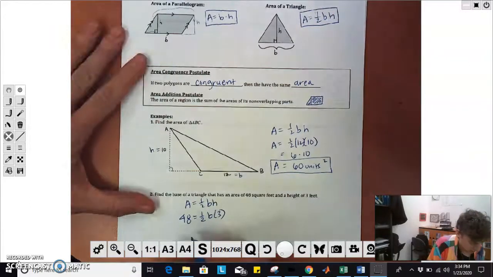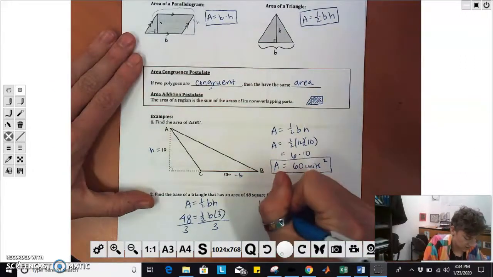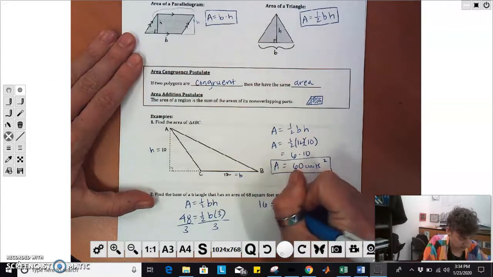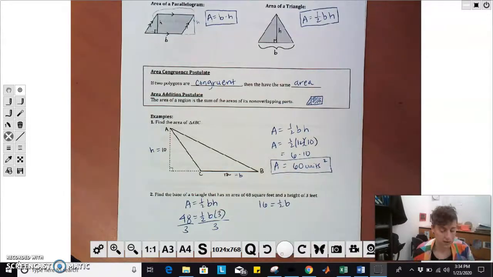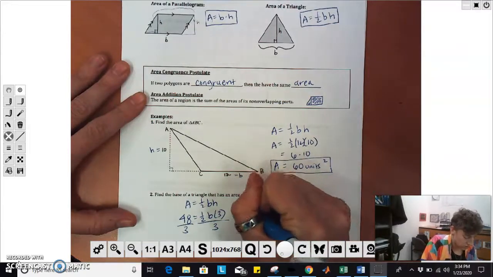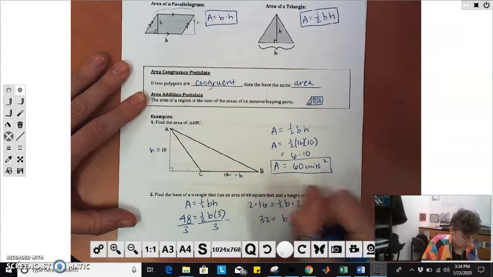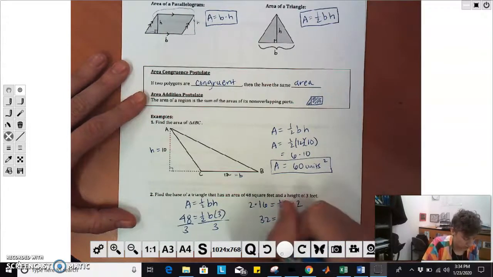So what I would do is divide both sides by 3, so I get rid of that 3, and I know 48 divided by 3 is 16. So 16 is 1/2 times b. Now let's get rid of that fraction by multiplying by the denominator on both sides. 2 by 2. So that means 32 is the base, aka the base equals 32.